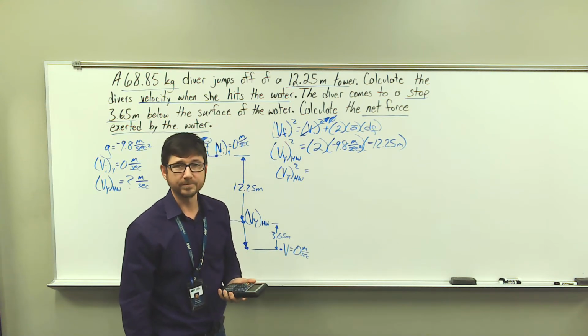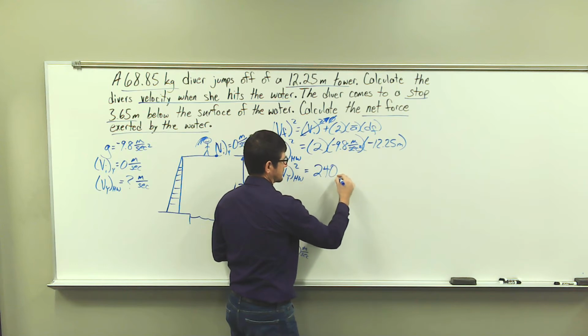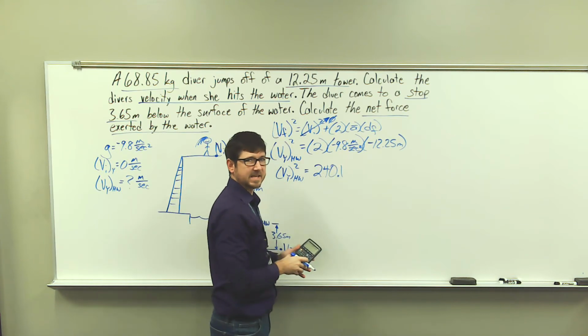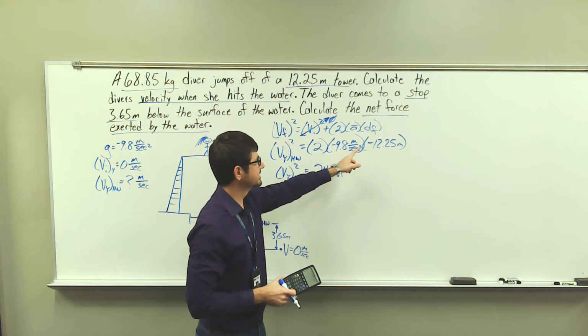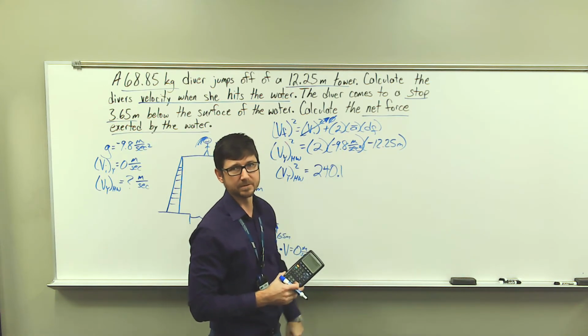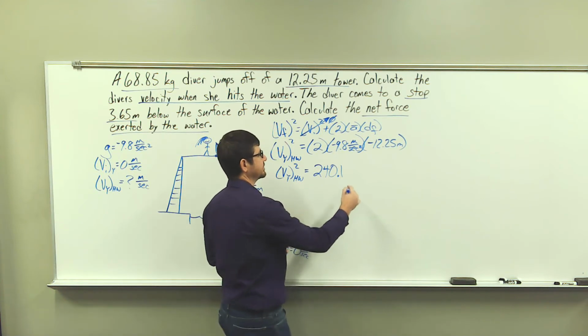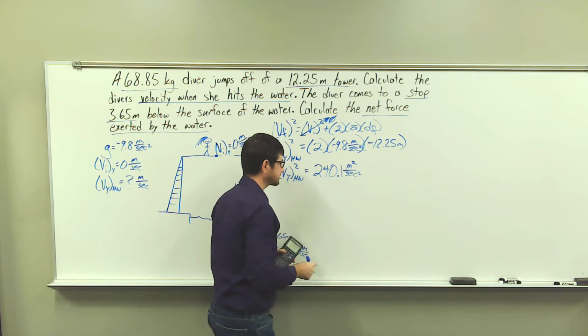I get 240.1. Now let's take a look at the units. I have meters per second squared times meters. And we know a meter times a meter is meters squared. So we're going to have units of meters squared per second squared.